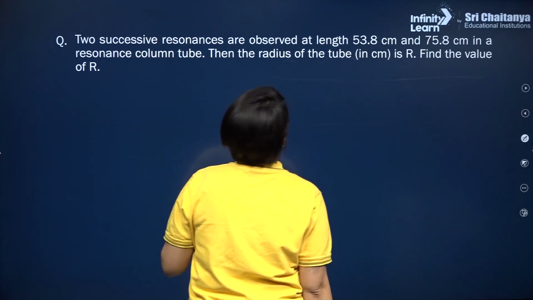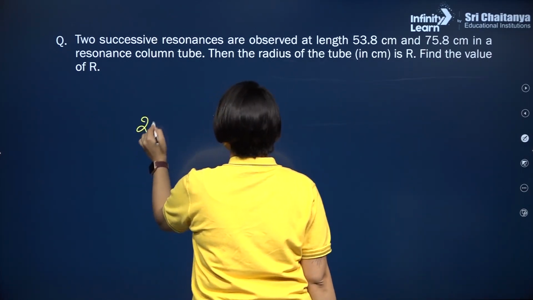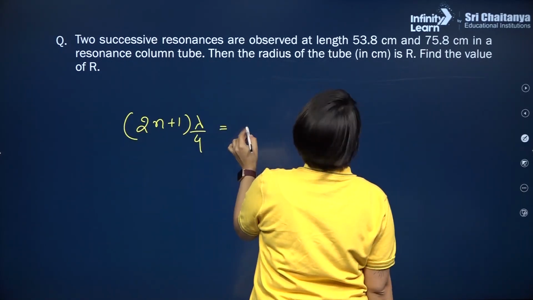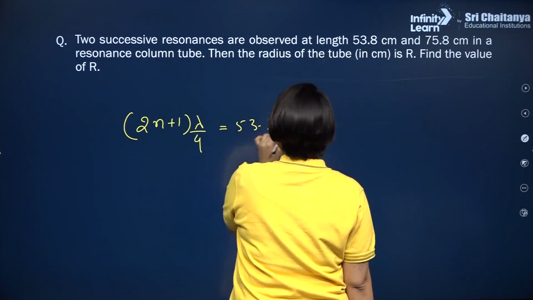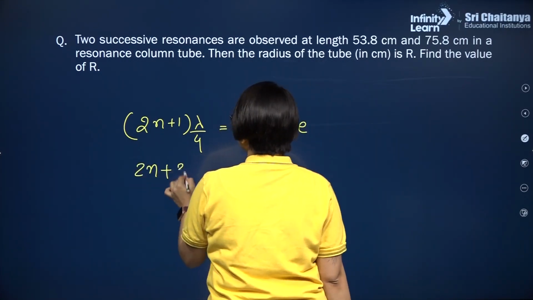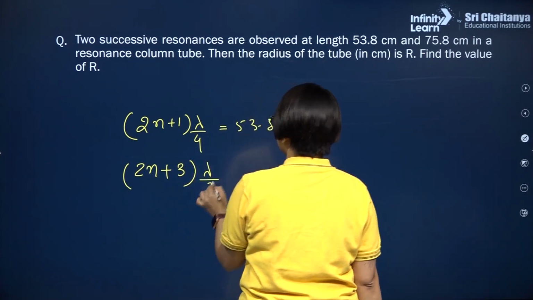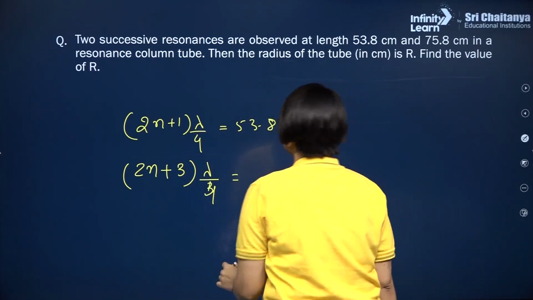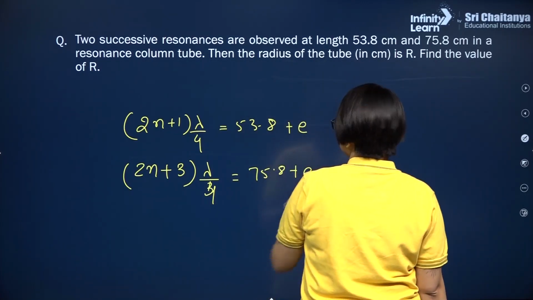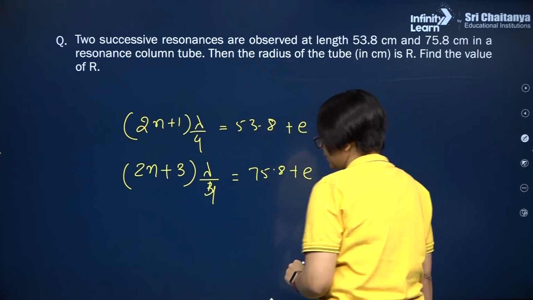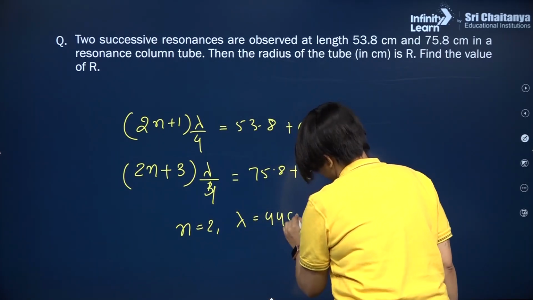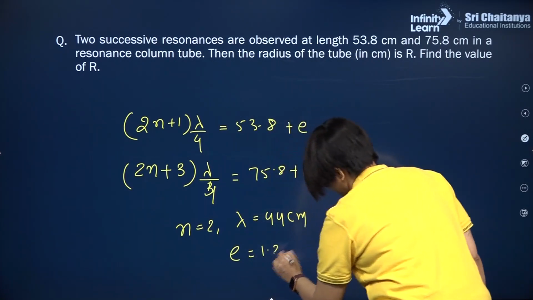So, we have two successive resonances. If the first one is nth, then (2n plus 1) lambda by 4 is 53.8 plus some end correction e, and the next will be (2n plus 3) lambda by 4, because it is odd harmonics, right. So, it will be 75.8 plus e. After dividing this, you will get the value of n as 2, lambda as 44 centimeter and e as 1.2 centimeter.